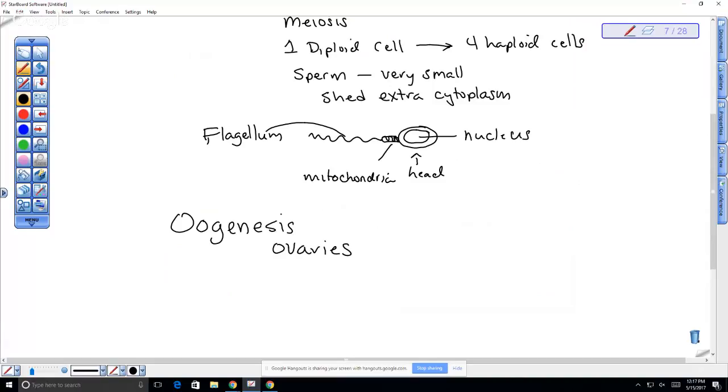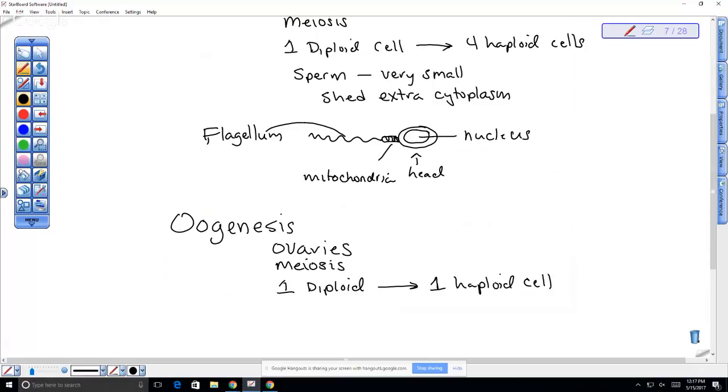Right? This is also meiosis. However, we have one diploid cell giving rise to one haploid cell. So the question is, where did all that extra genetic material go? And why does it seem to be inefficient?